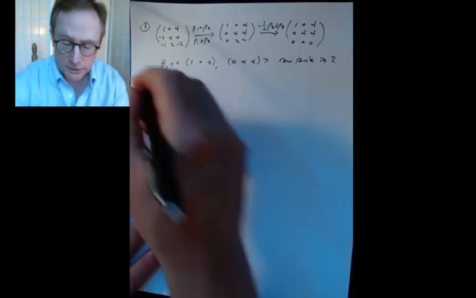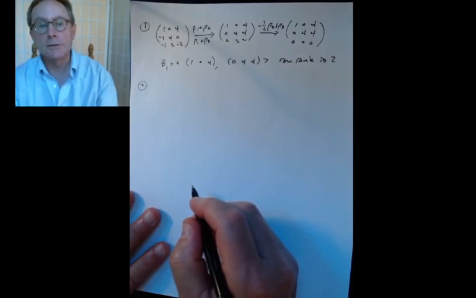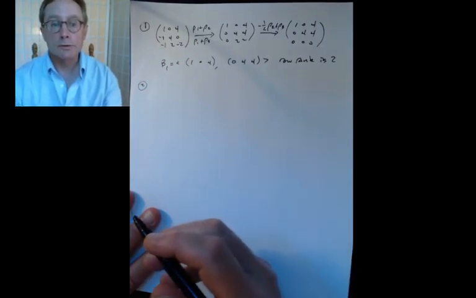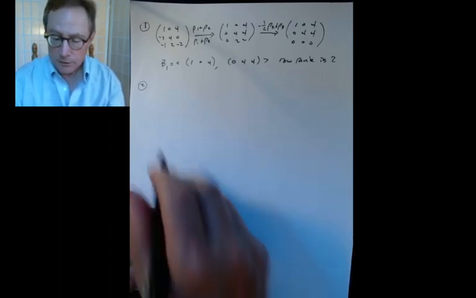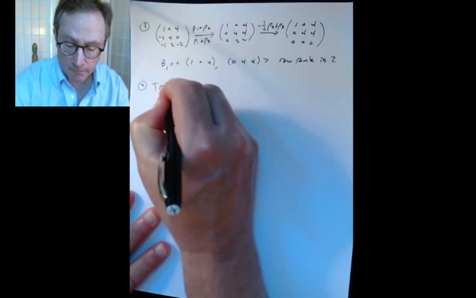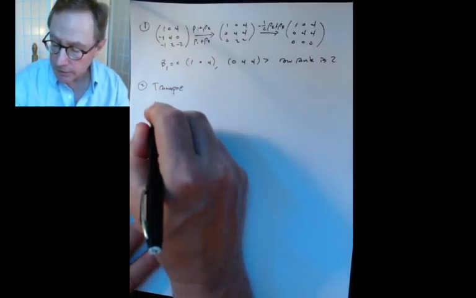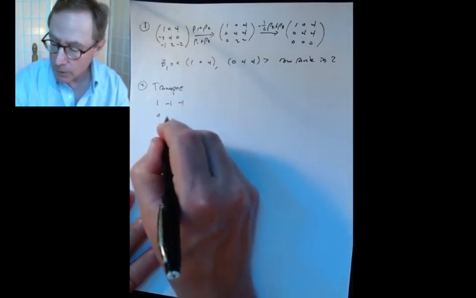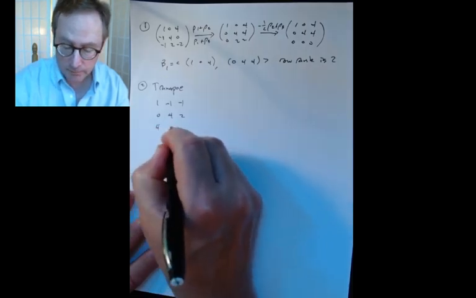Okay, and question 2 is not especially harder. For question 2, you want to know the basis for the column space, so you transpose the columns into rows, do row reduction, and then transpose them back. So you transpose first, and you get, if I did it right, 1, minus 1, minus 1, 0, 4, 2, and 4, 0, minus 2.